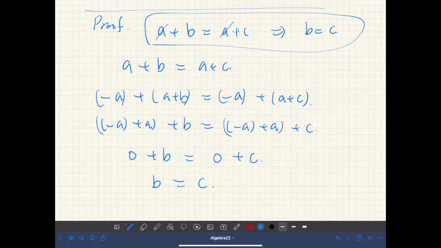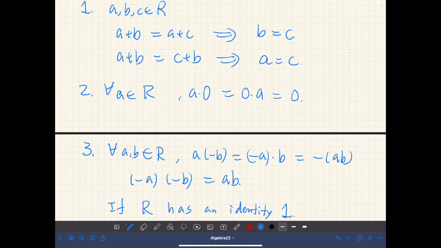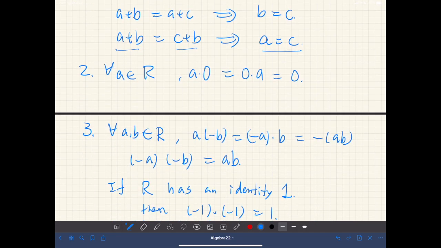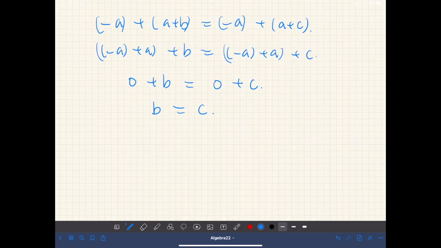And the other equation, A plus B equal to C plus B implies A equal to C, can be proved in the same manner, by adding negative B to both sides.